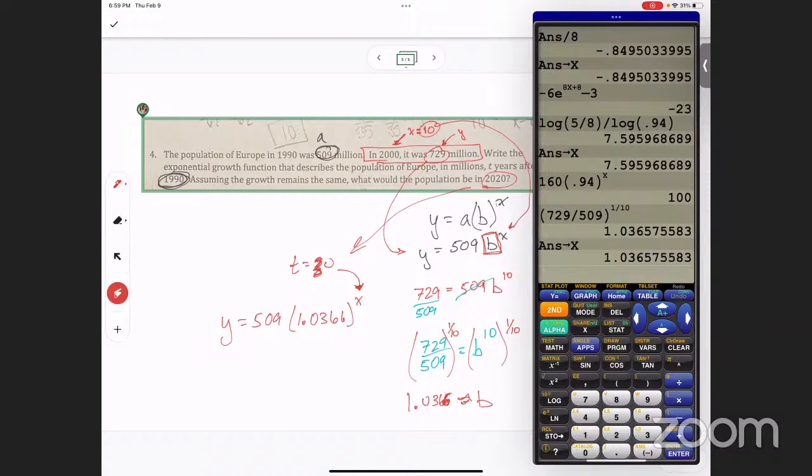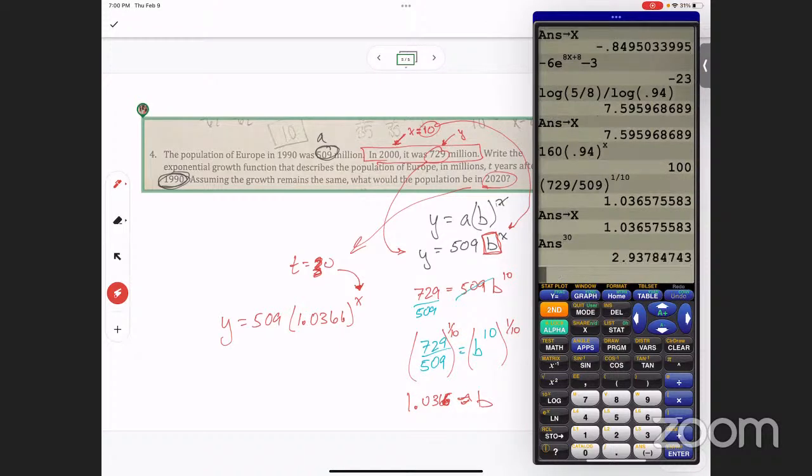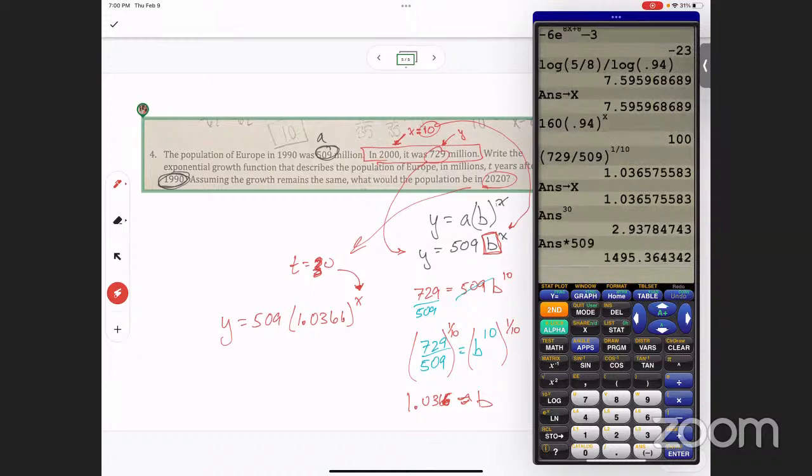I'm going to use what I stored in there so that I make sure I have the right thing. So you can just go ahead and raise that to the 30th power, hit enter, and multiply it by 509. So your population would be, Y would equal 1495.